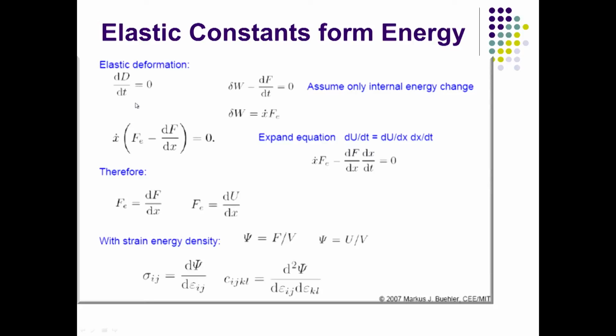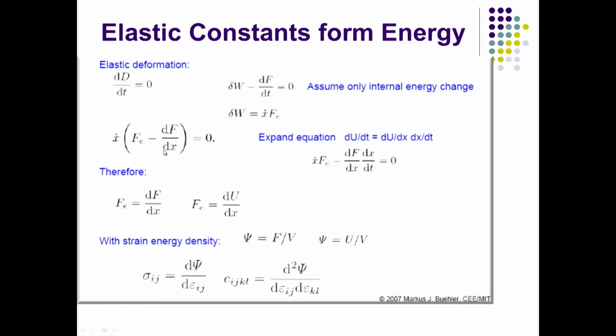The change in the deformation is equal to 0 in some cases, for elastic deformation. In that case, dW minus dF over dt is equal to 0, assuming only internal energy changes. Then work is equal to the force multiplied by the velocity.